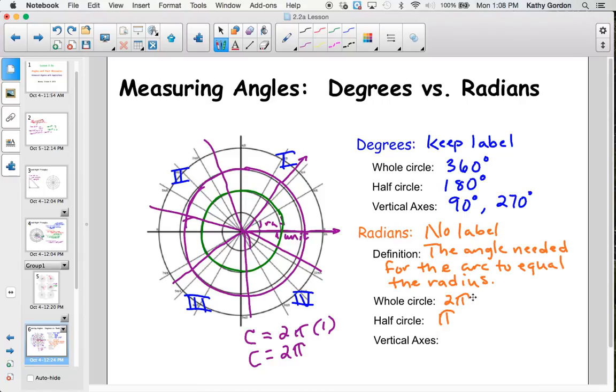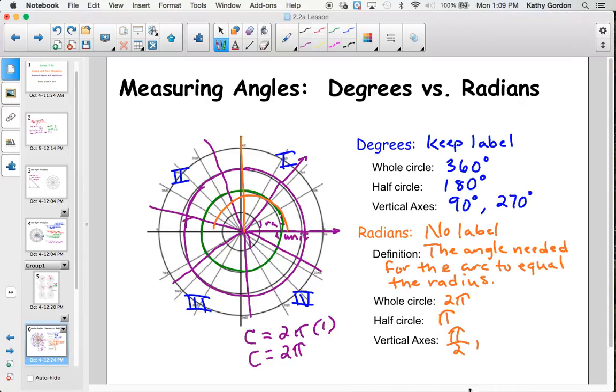Whole circle is 2 pi. Half circle is pi. Pi over 2, right? Because this is going to be halfway of the half circle. So pi is halfway around, and my vertical axis would be half of that, so pi over 2.